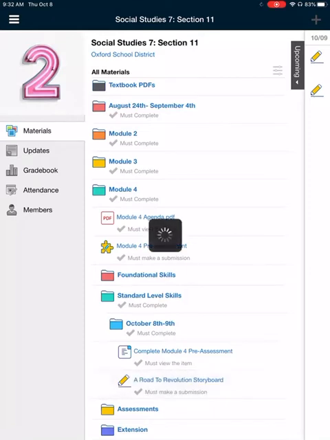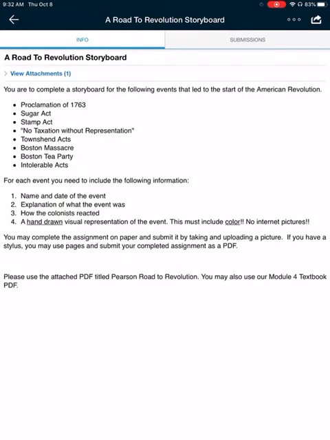Go to the assignment titled A Road to Revolution Storyboard. So again, I want people right now to be going to Schoology and going to that assignment.